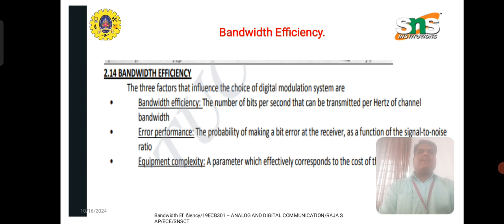Whenever the bandwidth efficiency is high, we can transmit the data with 100% efficiency without noise. Then error performance: as an engineer, as much as possible, reduction in signal to noise ratio will increase the performance of the system. Third one, equipment complexity: whenever the equipment is simple, the user has satisfaction to use that equipment for a longer period of time.